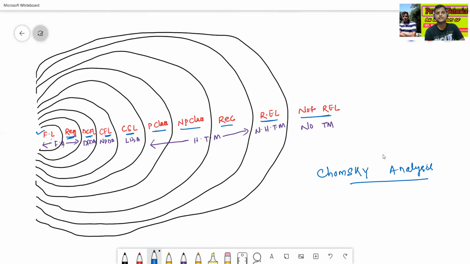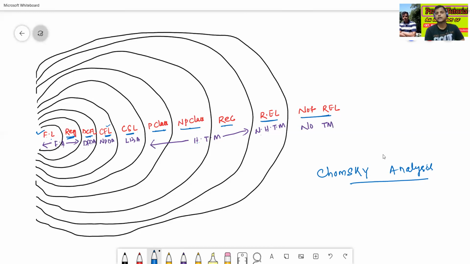DPDA, meaning deterministic push down automata, is associated with DCFL, deterministic context free language. NPDA, meaning non-deterministic push down automata, is associated with context free language. Linear bounded automata is associated with context sensitive language. HTM, meaning halting Turing machine, is associated with P class, NP class, and recursive language.